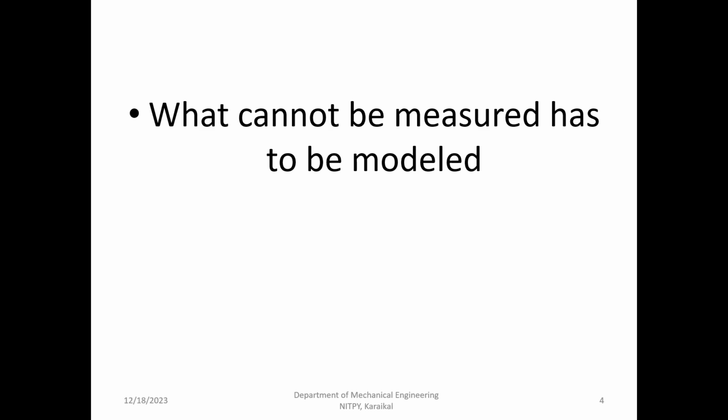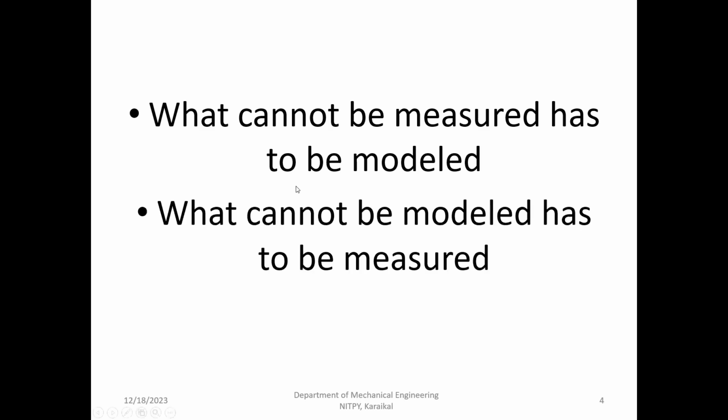But at the same time, the saying goes, what cannot be modeled also has to be measured. So there are some limitations in our numerical modeling also. There are some things which we cannot model. Whatever high-end computational facilities we have, the computational system is not going to replicate what happens in experiments.